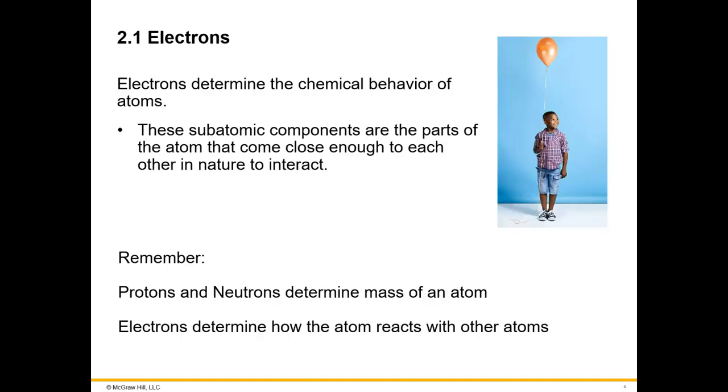And electrons are not useless. Just because they're not contributing mass to the atom, that doesn't mean they don't have a purpose. They're actually the main thing that determines how an atom is going to react and interact with other atoms. It's going to determine what kind of bonds can be formed and what kind of molecules can be formed from different atoms combining.